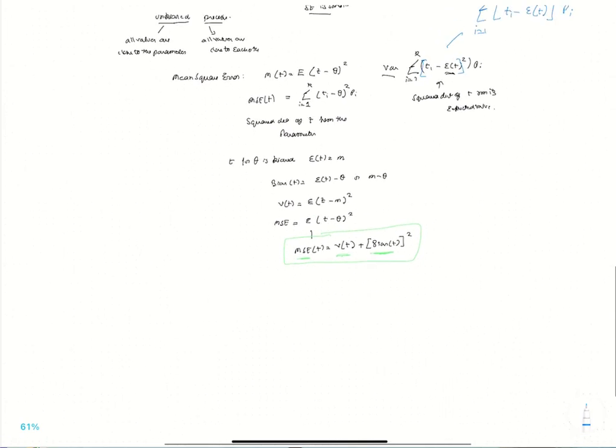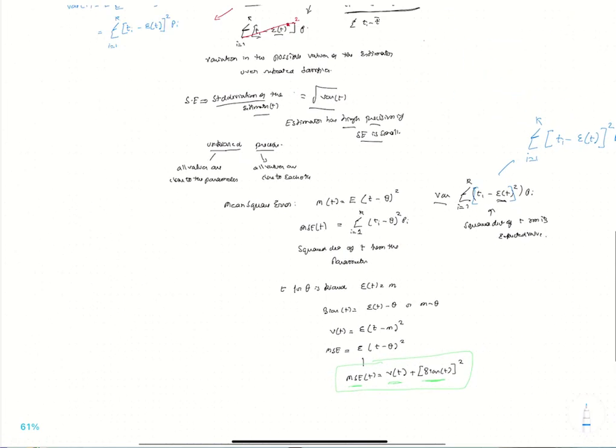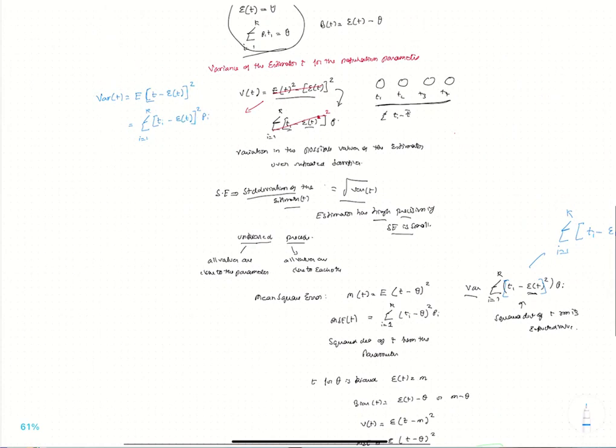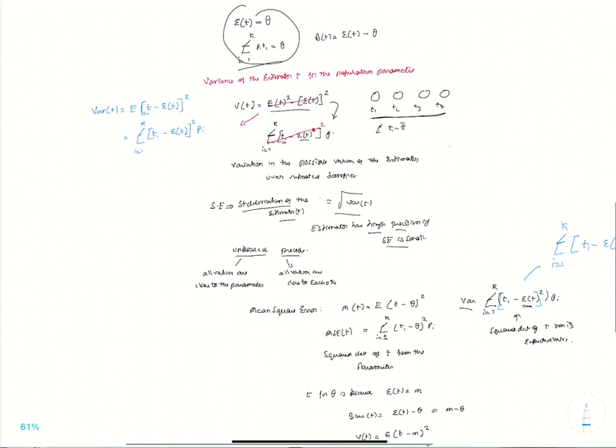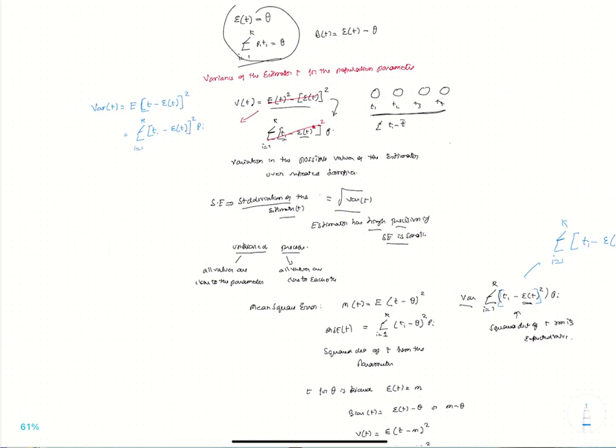So we have a few corrections from the prior video. One of the corrections is that the variance of t is the expectation of t minus expected value of t, squared.